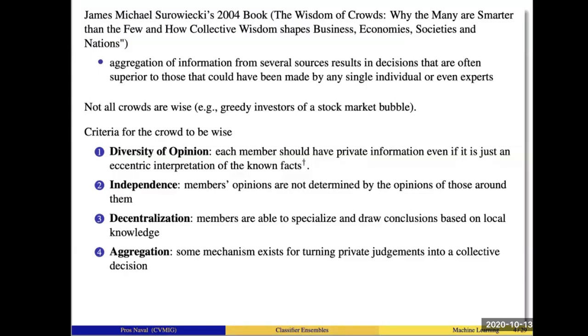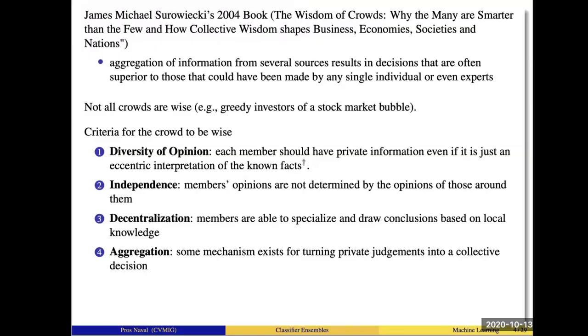In an election, for example, there's fake news, paid advertisement, or worse, trolls, vote buying. These try to influence the voters' opinions and affect independence, so that now the crowd is no longer considered to be wise.